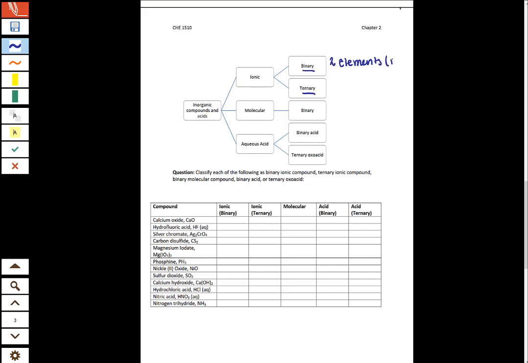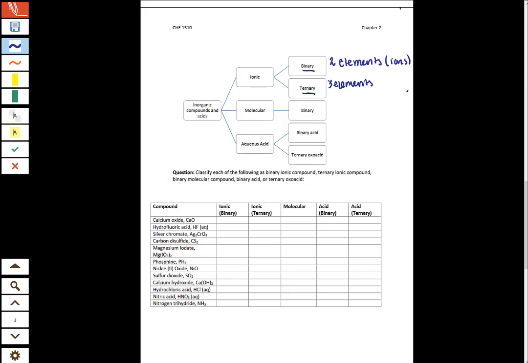And really they're ions, right? But, you know, we'll get there. Whereas ternary will have 3 elements. And you don't know yet, but it still only contains 2 ions, even though there's 3 elements present. We'll expand upon that when the time is right.